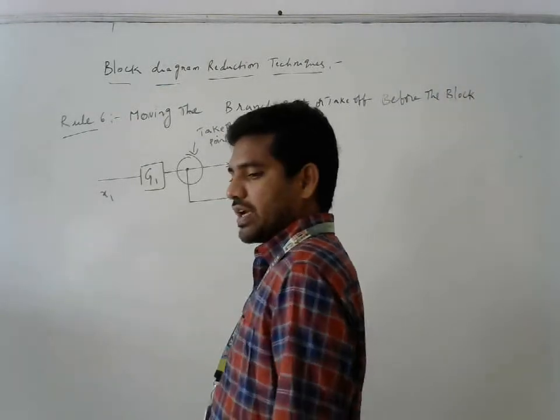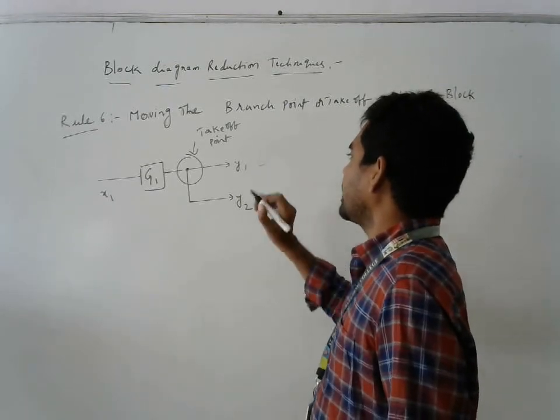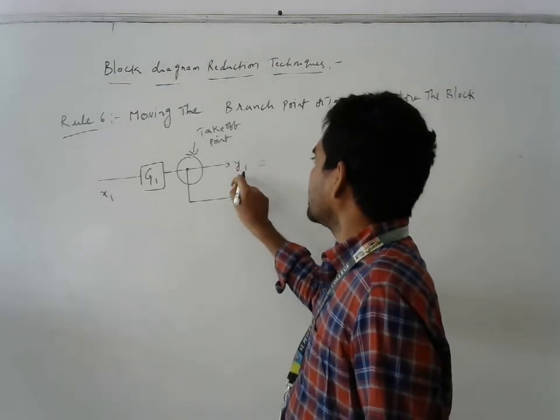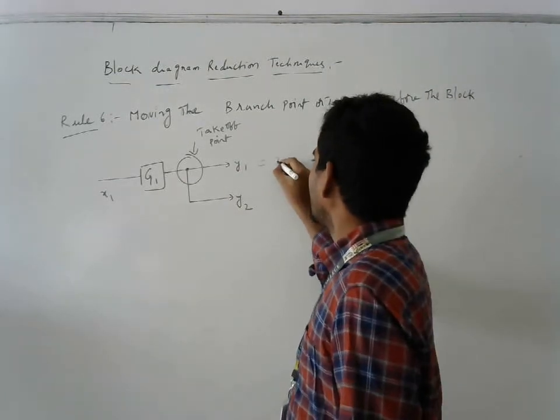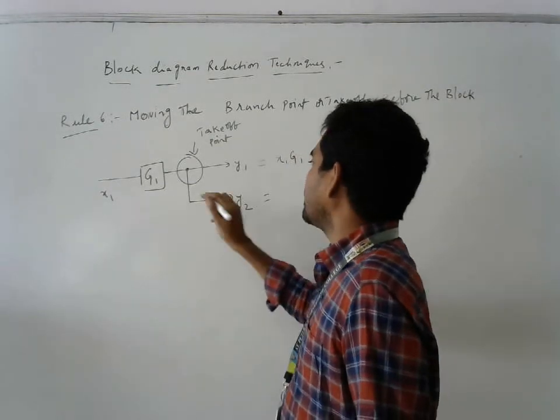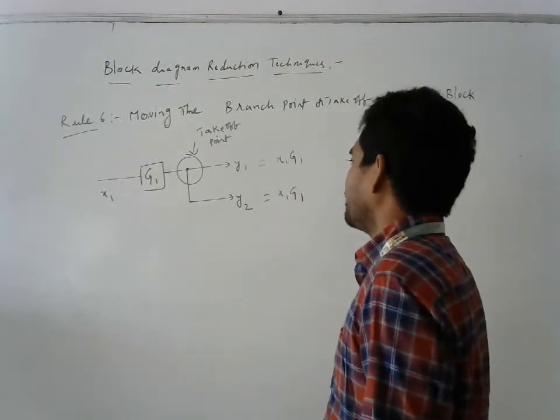Before shifting that, we need to write down what the output is, which will not change. What is the output here? We get y1 is equal to x1 into g1. y2 is also equal to x1 into g1.